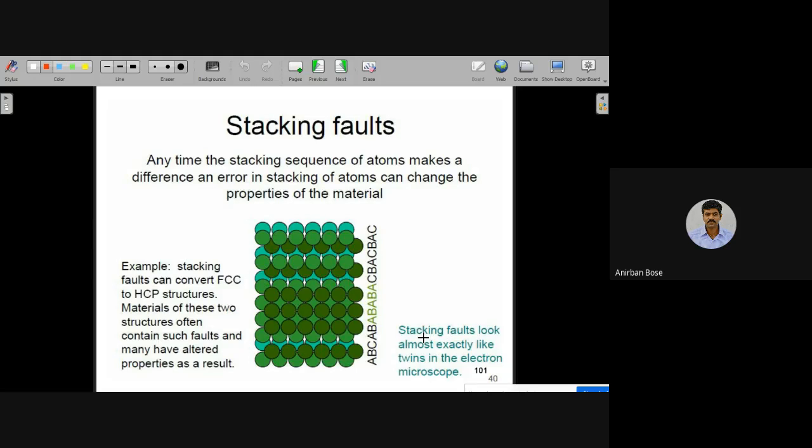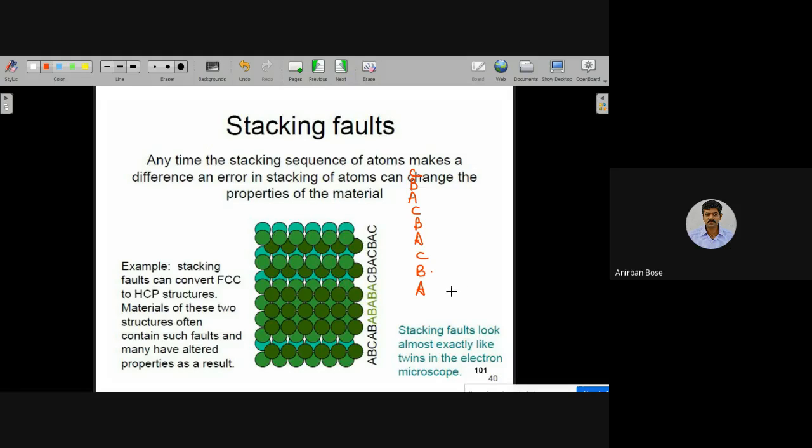That means, let us consider an FCC crystal, an ABC kind of thing. Let us consider a crystal, ABC, ABC, ABC. This is a pure, perfect crystal, no defect is there. This is an FCC crystal, right?